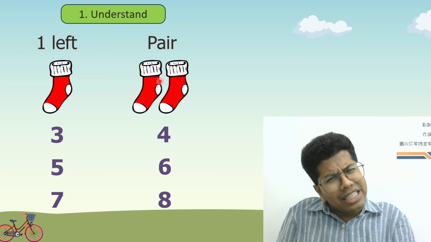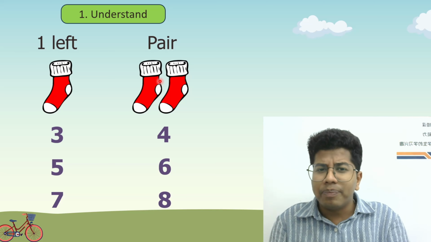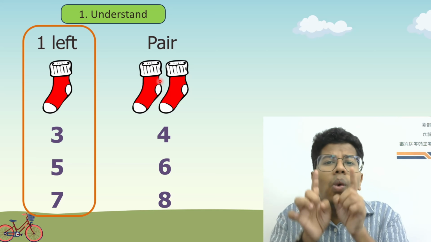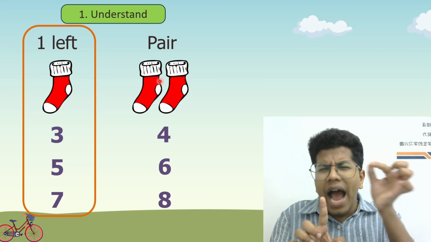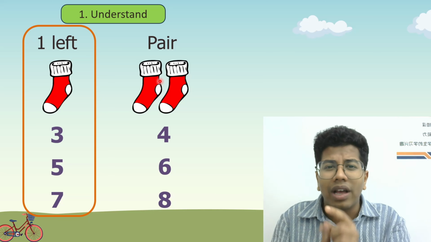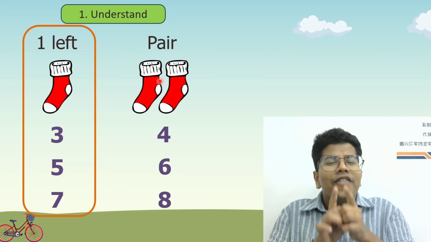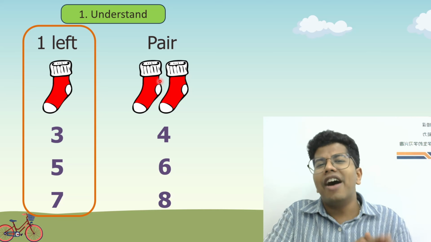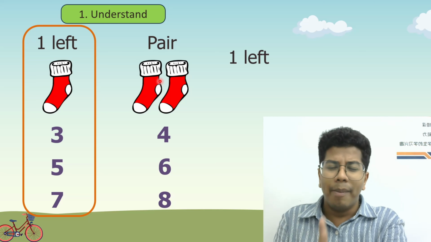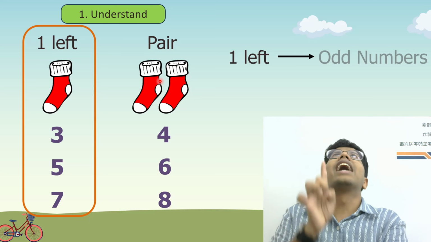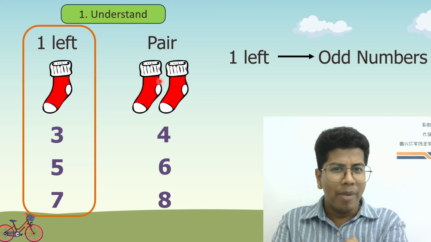Now what is this one left and what is this pair? Whenever there is one left, it's quite odd because here I need still one more sock. That is the reason why whenever there's numbers where you have one left, we call these numbers as odd numbers.